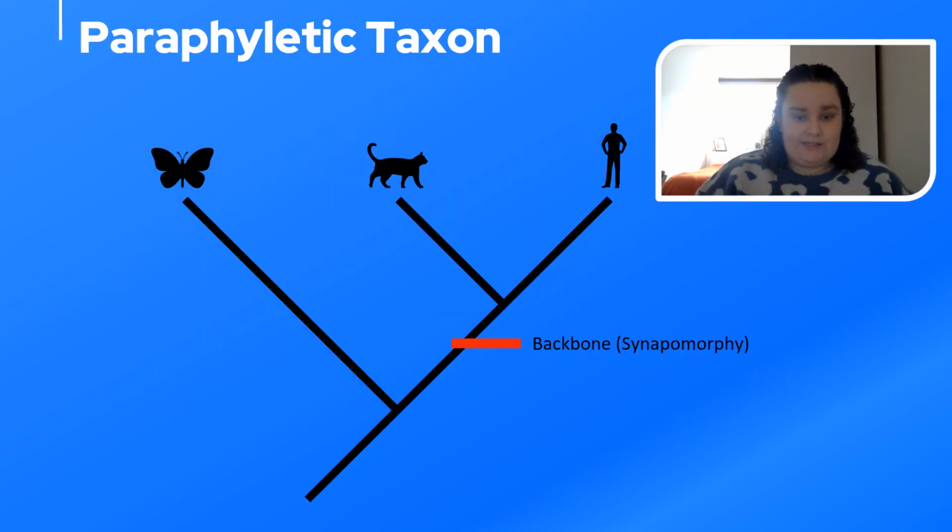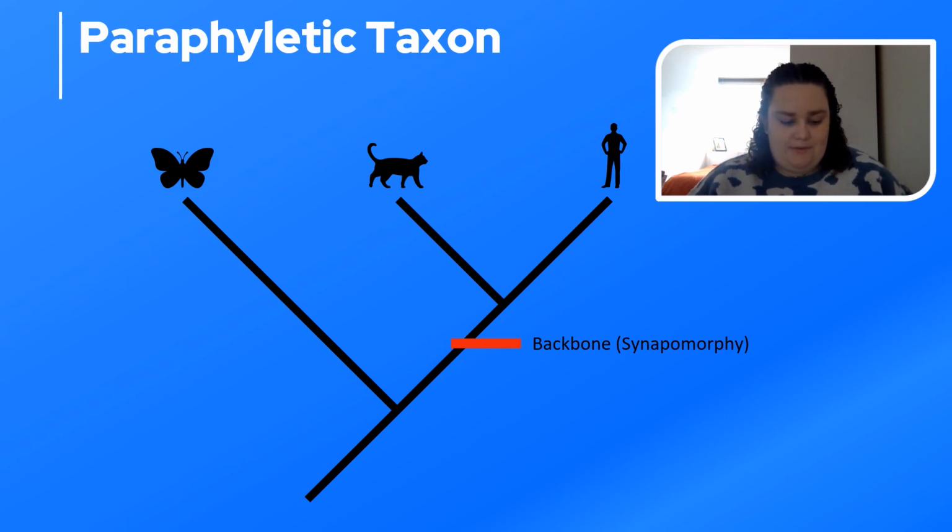We'll be going through an example of a phylogenetic tree. Cats and humans both have a backbone, whereas butterflies do not. The backbone, or the vertebrae, is known as a synapomorphy, which is a derived or specialised character state that originated at their last common ancestor.